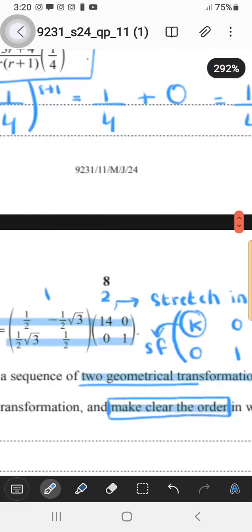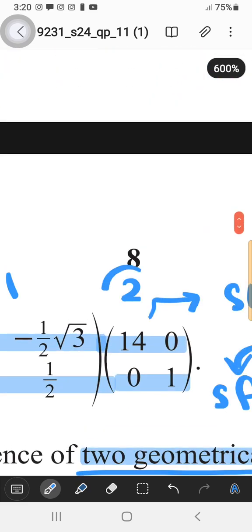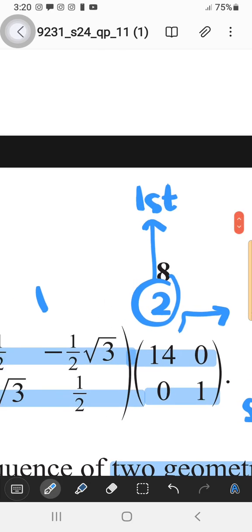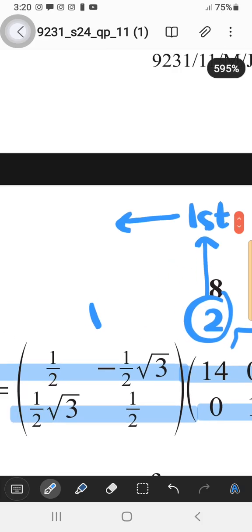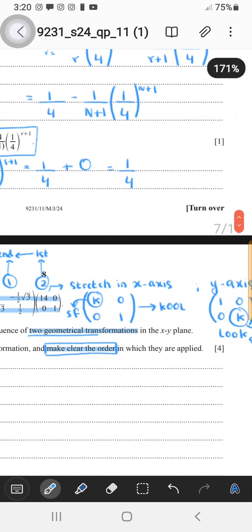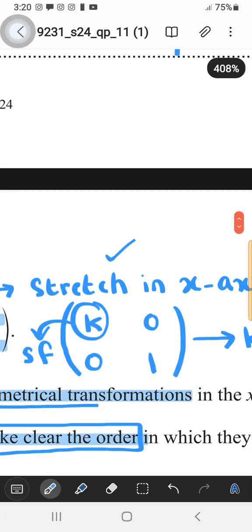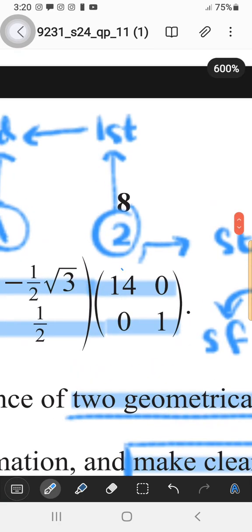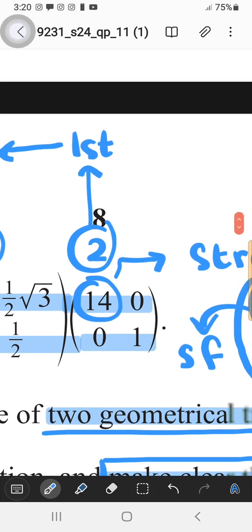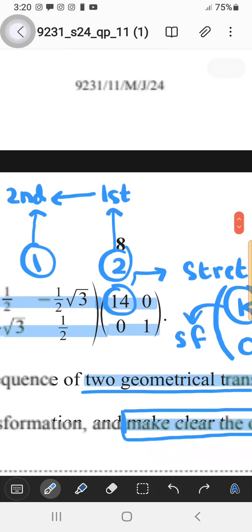So while giving details, we will write the second one first, and then we will describe the first one as second. Okay, so first here we discuss that stretch in x-axis, because the scale factor k is written at the first, not at the end. I hope you get this.